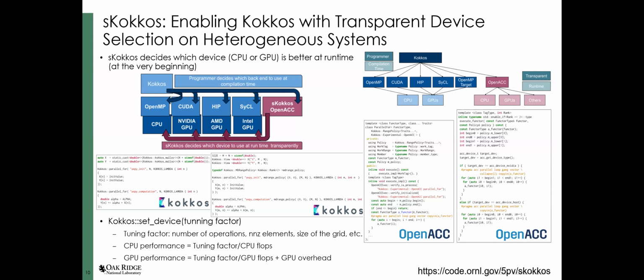And then at runtime, we can decide which device to use, depending on the complexity of the application and the characteristics of the hardware. When I say characteristics of the hardware, I mean the capacity of the CPU, the capacity of the GPU, and how these are connected to each other.